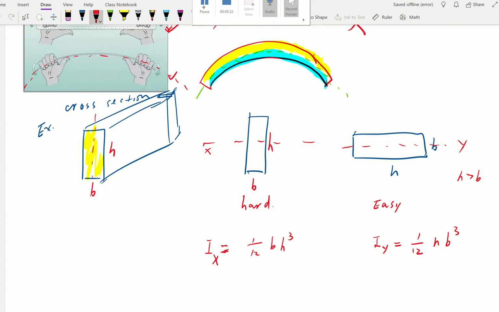Therefore, when you do H cubed, this value is going to be way greater than Iy, so this is going to be harder to bend.